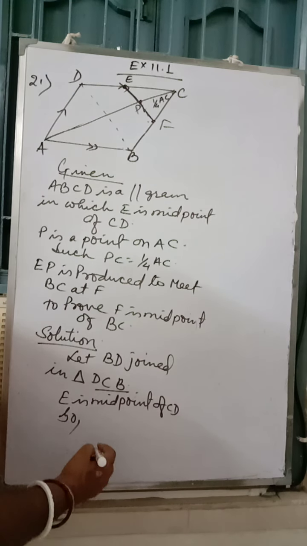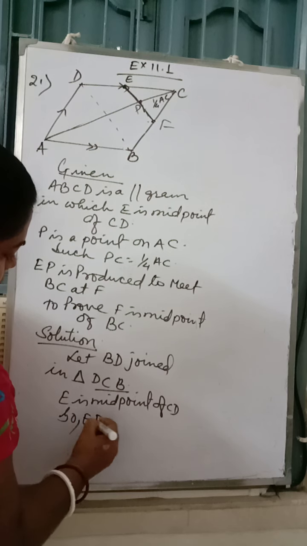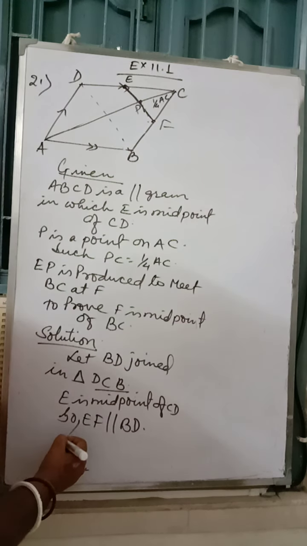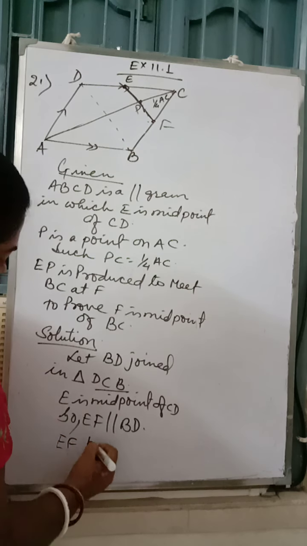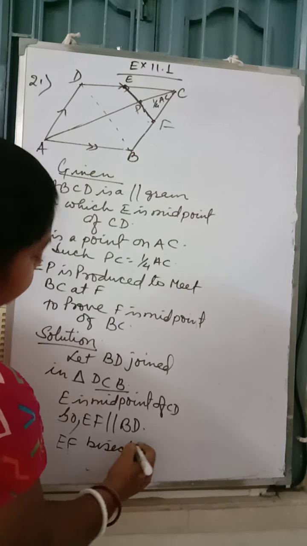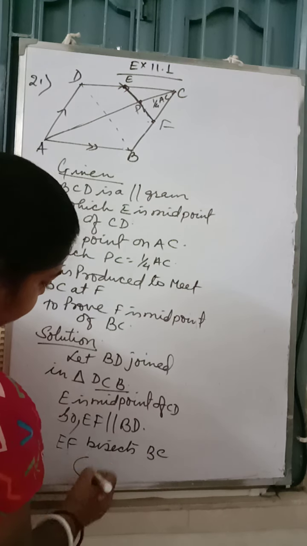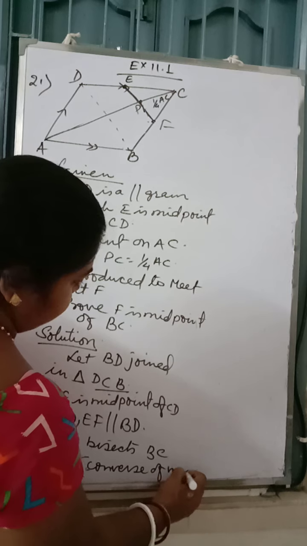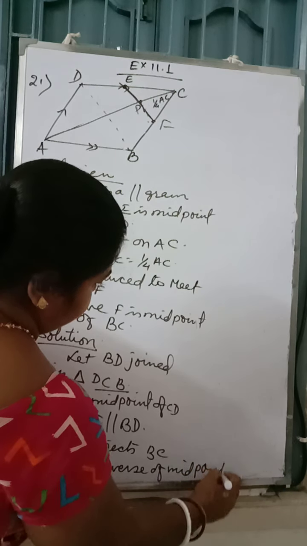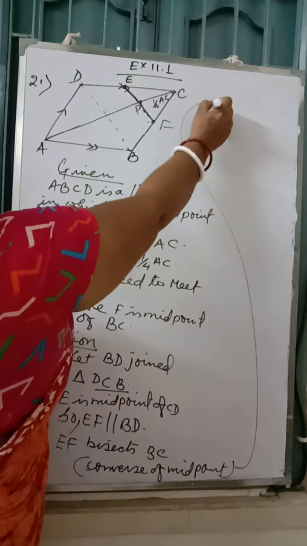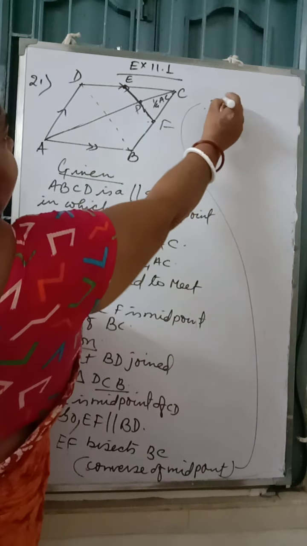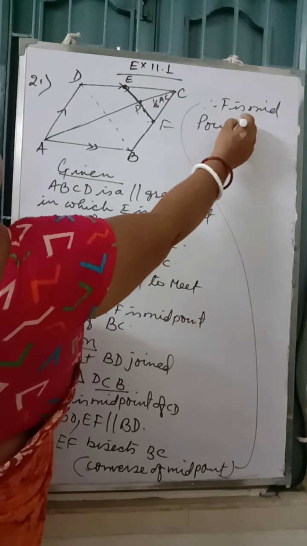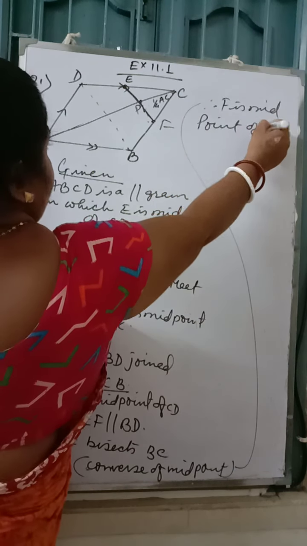So EF is parallel to BD and EF bisects BC according to the converse of the midpoint theorem. So we got F is a midpoint of BC, proved.